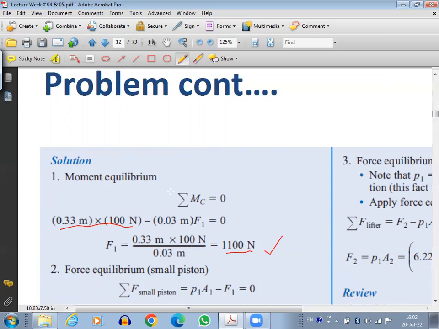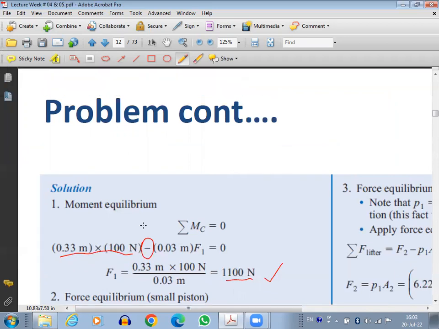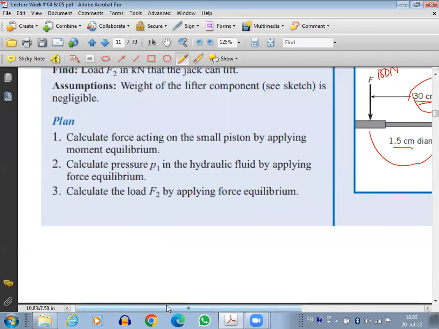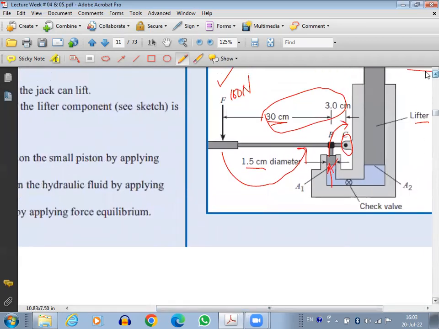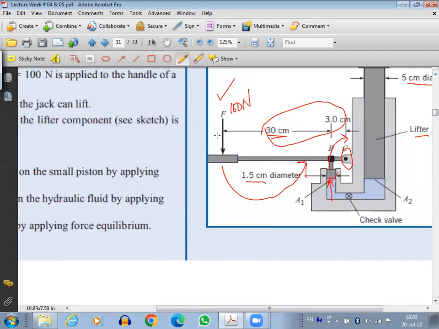Why is there a negative sign here? One moment is in a clockwise direction, the other moment is in an anti-clockwise direction, if I'm taking the equilibrium at the fulcrum. You can see here the moment is in the anti-clockwise direction, and here the moment is in the clockwise direction, so obviously the two will have opposite signs.